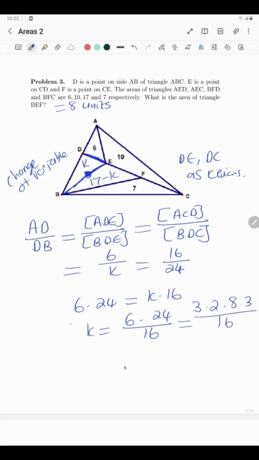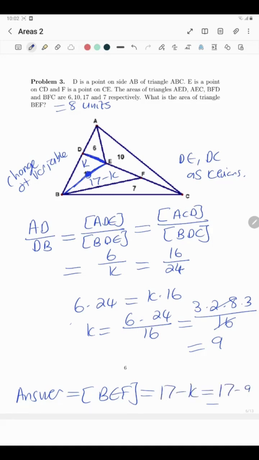And we know that 2 times 8 is the same as 16, so K evaluates to 9. So the area of triangle BEF will be 17 minus K, which is 17 minus 9, which is also equal to 8. So many ways of skinning this cat.